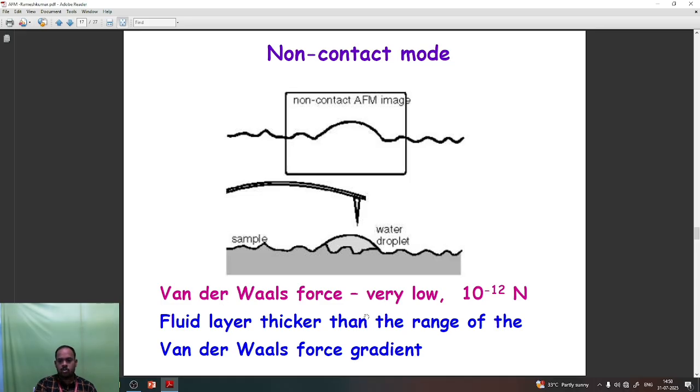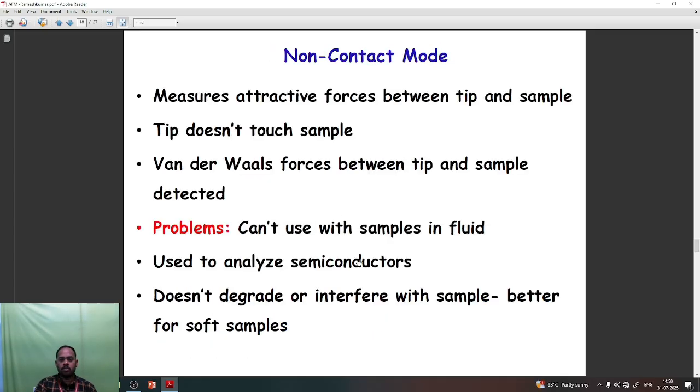The van der Waals force will be very low, approximately 10 to the power minus 12 Newton. The fluid layer will be thicker than the range of the van der Waals force gradient. That's why it also carries the image of the liquid droplets.